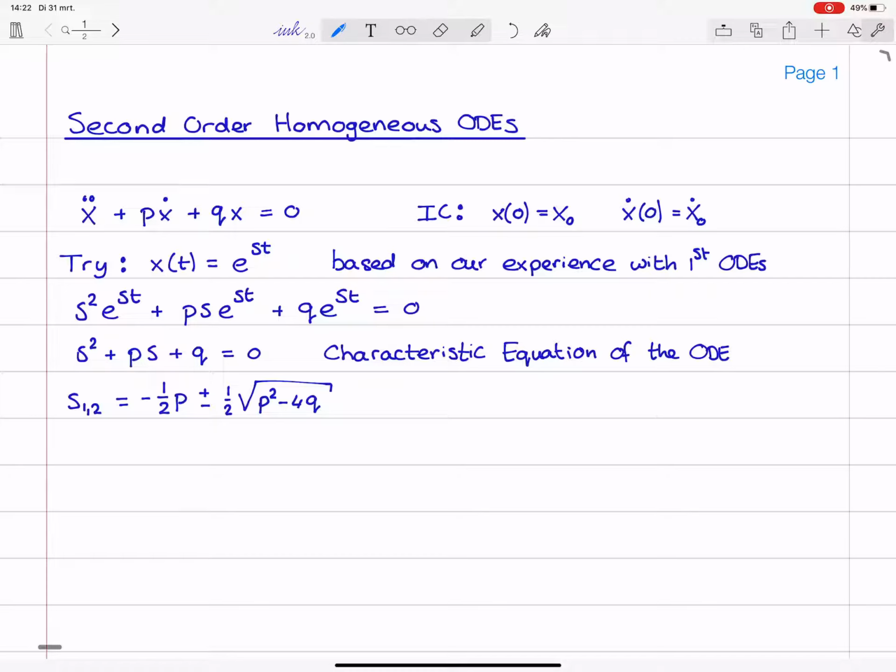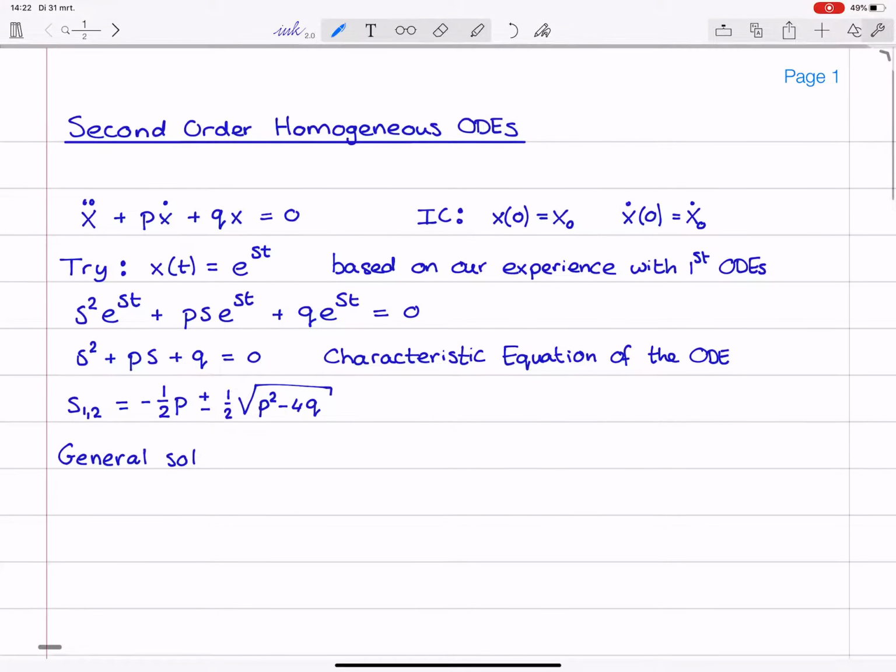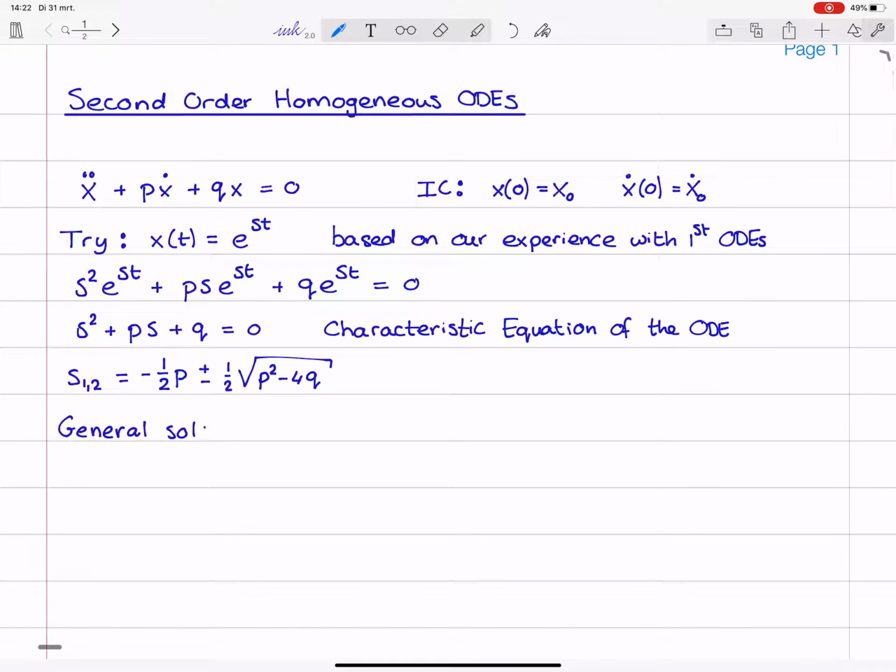And that means that now the general solution can be written as a linear combination of the two solutions. So x as a function of t can be written as c1 e to the power s1t, where for instance s1 is the solution with the plus sign, and c2 e to the power s2t, where s2 is then the solution with the minus sign.